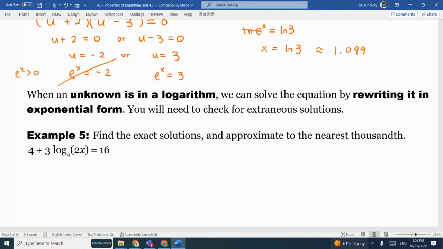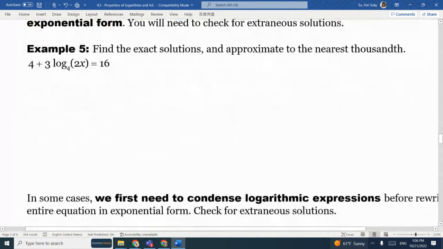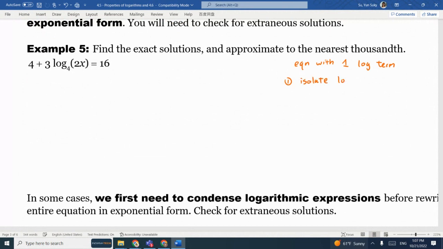So let's see, this one. This equation we only have one log term. If we only have one log term, so this is an equation with one log term, what we do is isolate the log term.